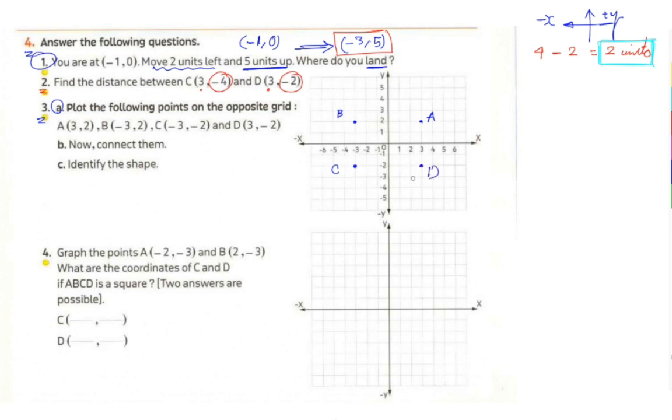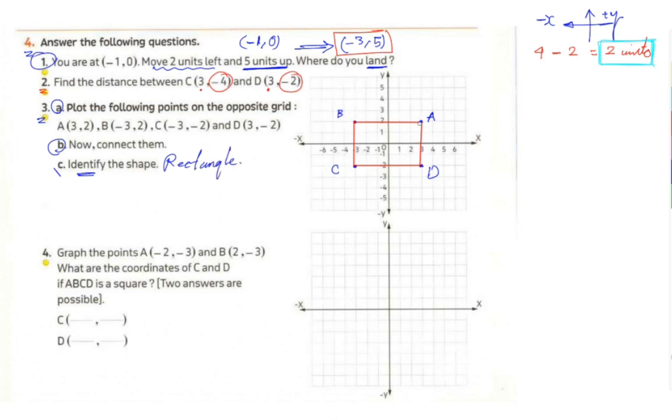That's point D. Now, connect them. Use your ruler to connect B to A, A to D, D to C, and B with C. Now identify the shape. This shape, of course, is a rectangle.